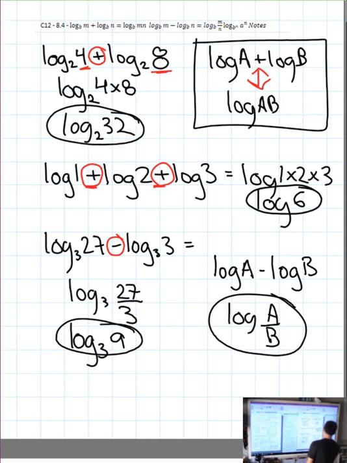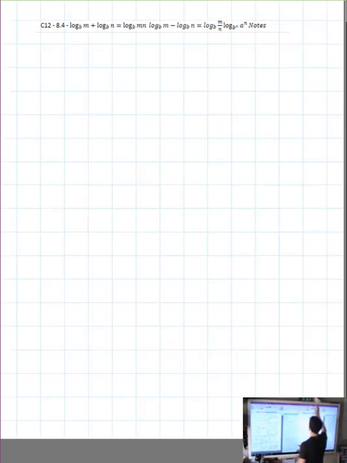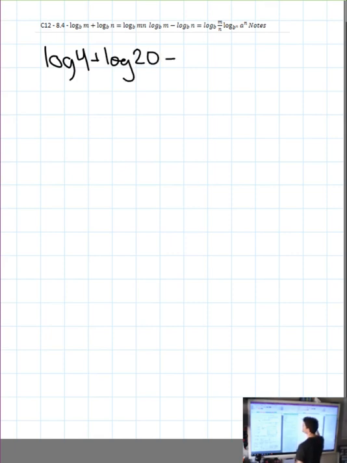So now let's take a look at some similar examples with more complicated positives and negatives. So if I have something like log 4 plus log 20 minus log 10, well, I'm going to turn this into a single log.